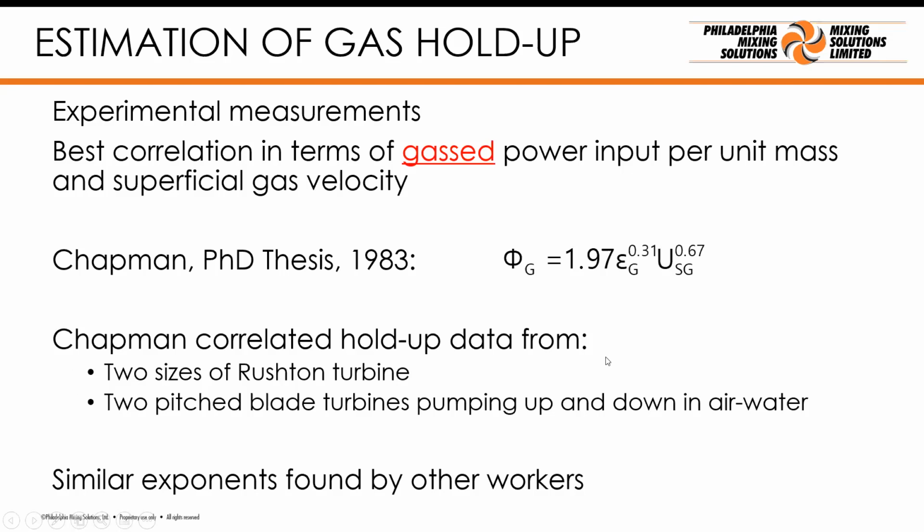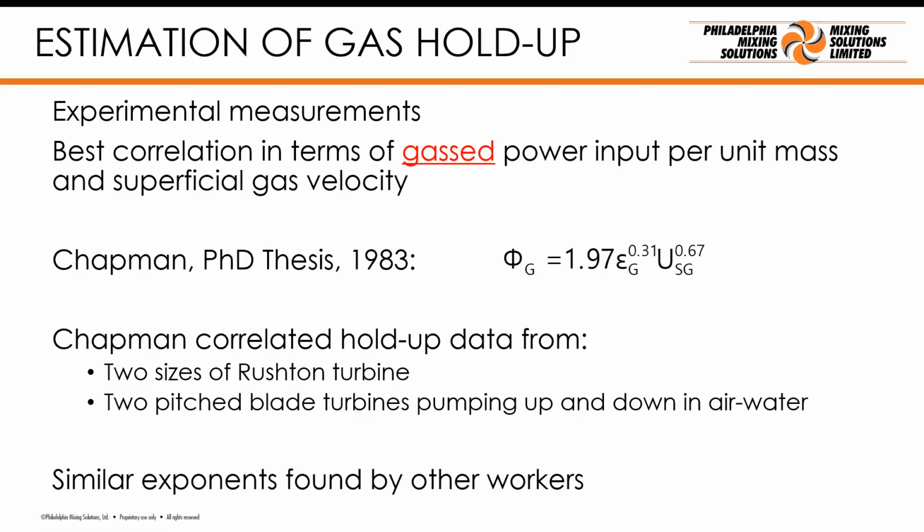Colin Chapman correlated holdup data for 2 sizes of Rushton turbine and 2 sizes of pitch blade turbines, pumping up and pumping down, in air and water. As long as I know the power input by the impeller under gas conditions, I can make an estimate of the holdup. But the point to make here is it's air and water.